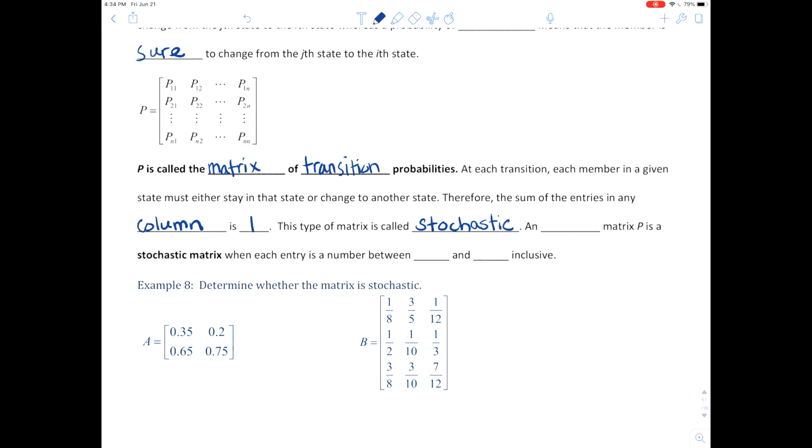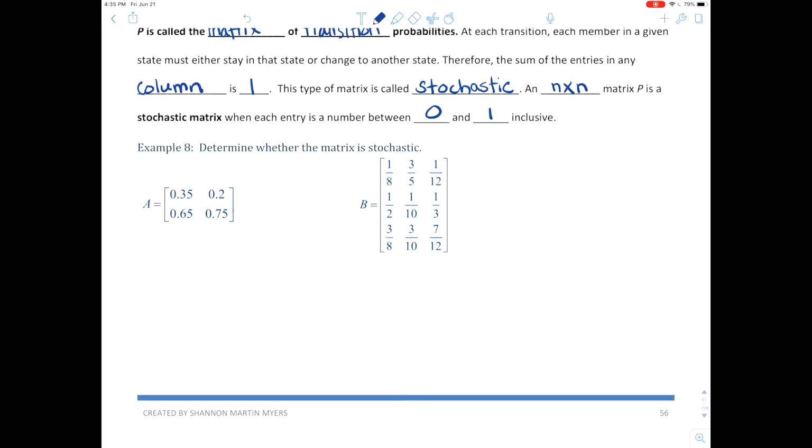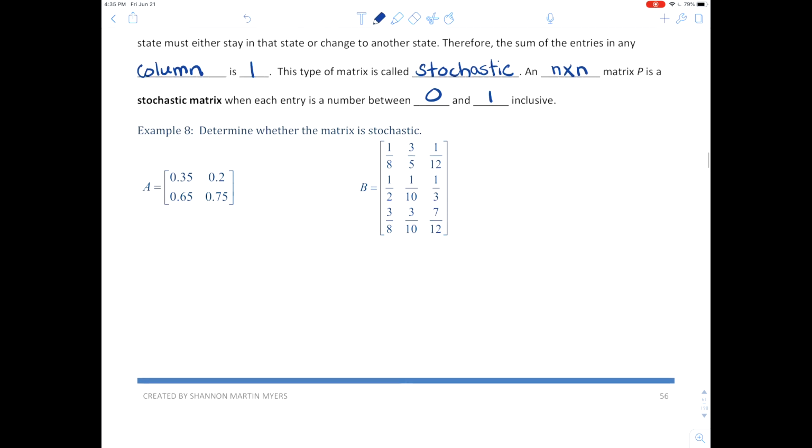An n by n matrix P is a stochastic matrix when each entry is a number between 0 and 1 inclusive. Okay? And again, the sum of the entries in a column has to be 1 as well.